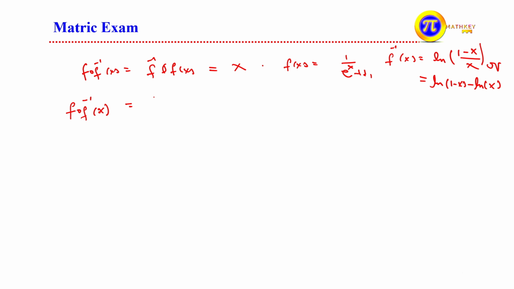This is equal to 1 over e to the power of f inverse at x, plus the constant 1. Insert f inverse of x. Let's take this part. This is equal to 1 over e to the power of ln of (1 minus x) over x, plus 1.